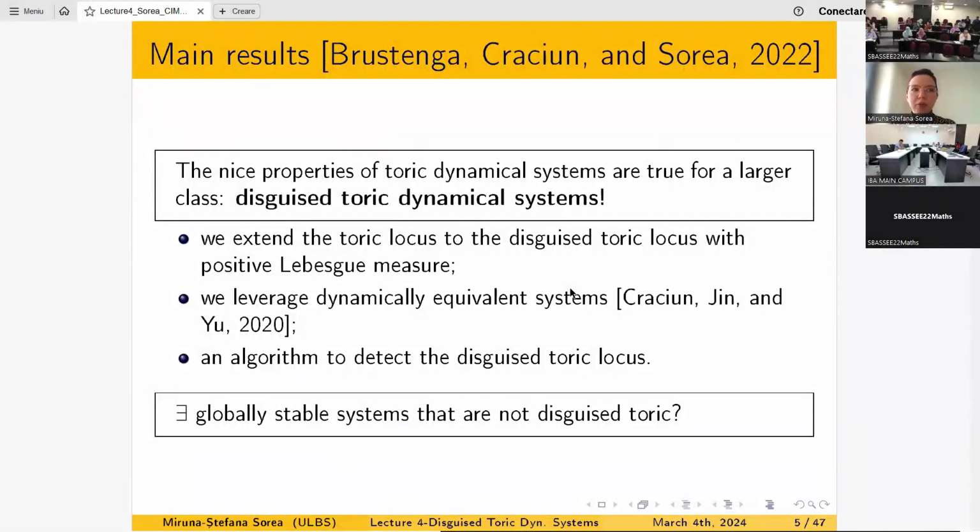We were wondering if now, with extending to the disguised toric locus, there are no more globally stable systems that are not disguised toric. And we'll see the answer to this in a bit. So this is the plan for today.